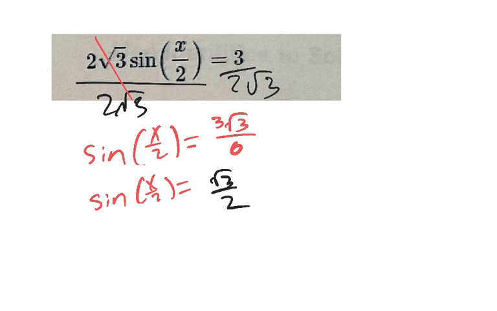It just adds radical 3 to the numerator, so they get multiplied. 3 times radical 3 is 3 radical 3.